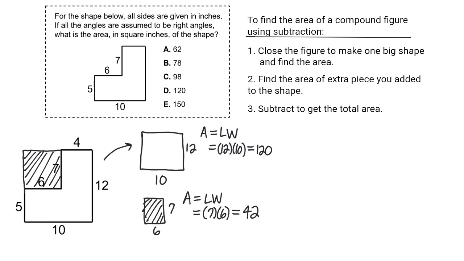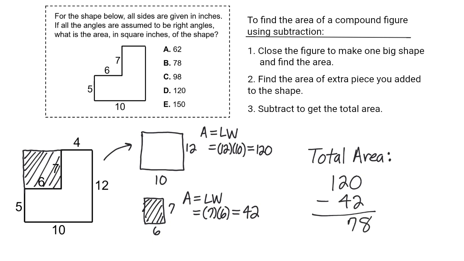So now all we have to do is take the area of the big shape, subtract off the little piece, and what will be left over is the area of the compound figure. And so the total area is the area of the big piece minus the tiny piece we added on. And when you do the math on that, once again, you end up with 78 square inches. So no matter what method we used, the answer is still the same. The answer is B.